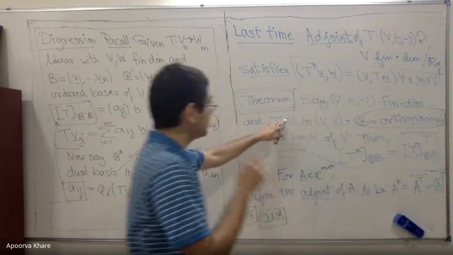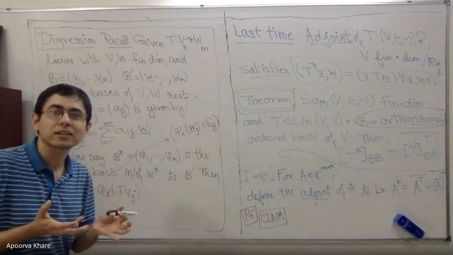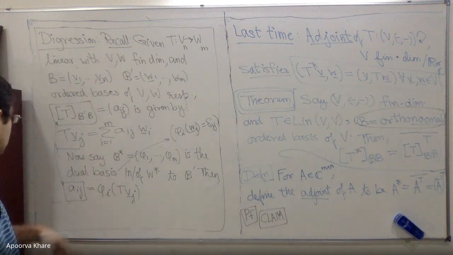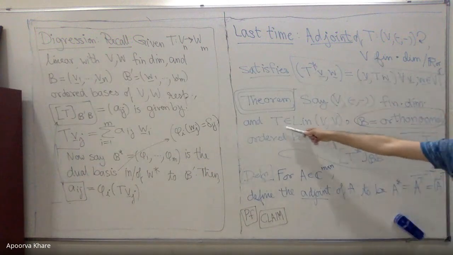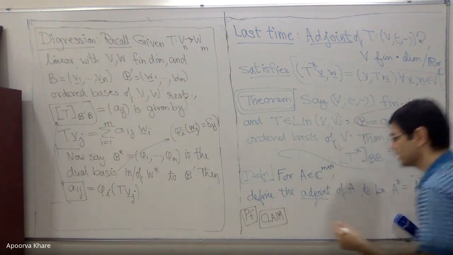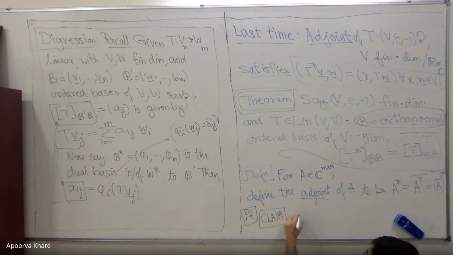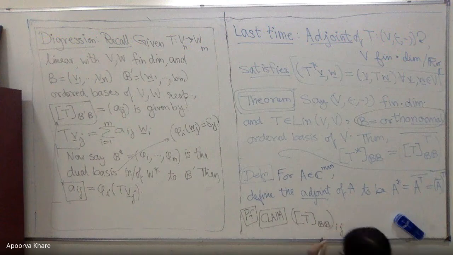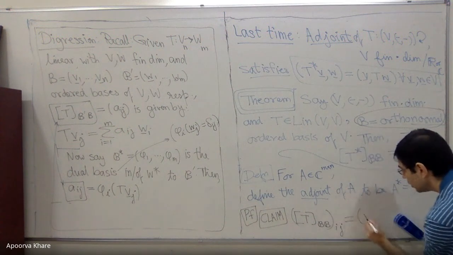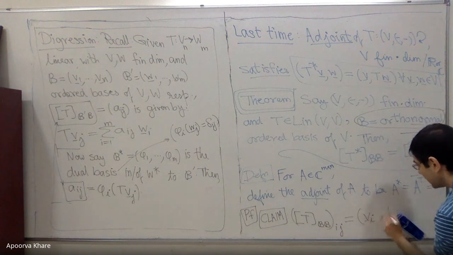So suppose I want to calculate the ijth entry of T. Given any linear map, I don't have any restriction on the linear map. So given T, if I want to calculate the ijth entry of [T]_BB, then this is exactly equal to (v_i, Tv_j).